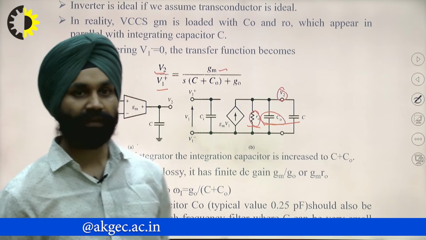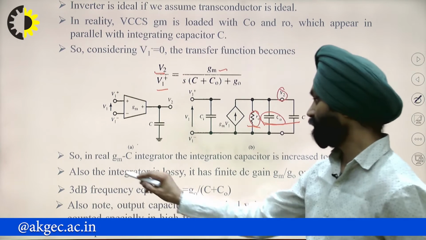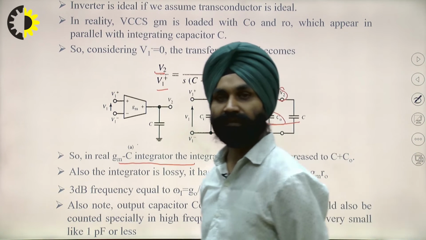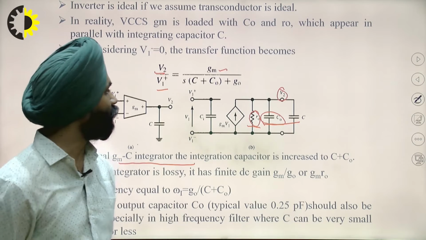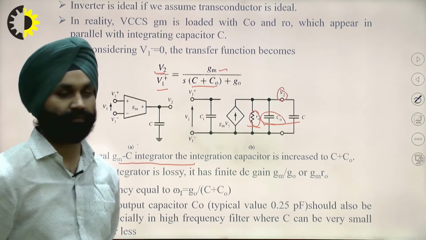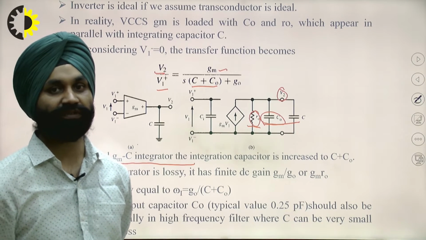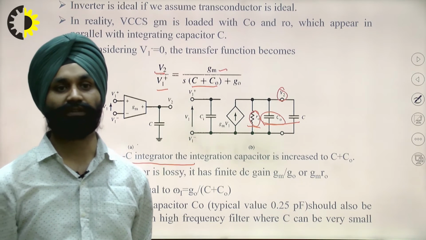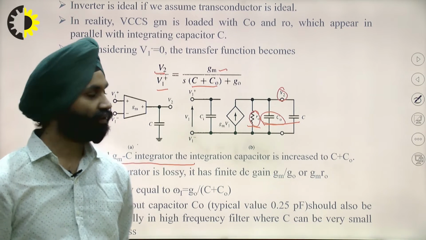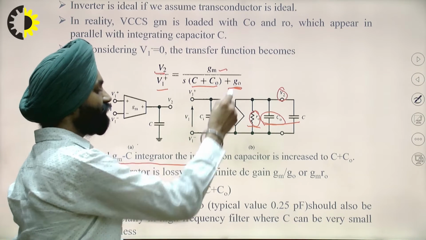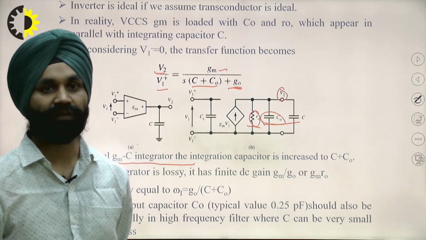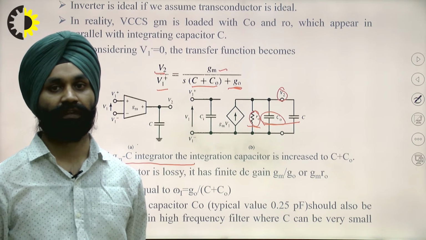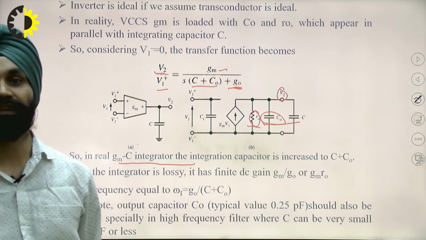So in a real integrator, the integration capacitor is increased by the value C0: we are giving C only, but it has been increased to C plus C0. Also the G0 means that the integrator we have designed will be a lossy integrator, which will have some finite loss.